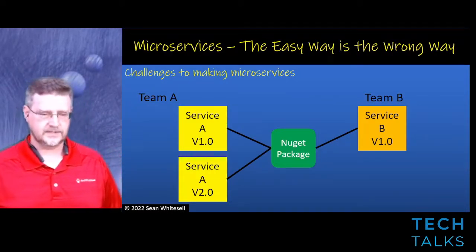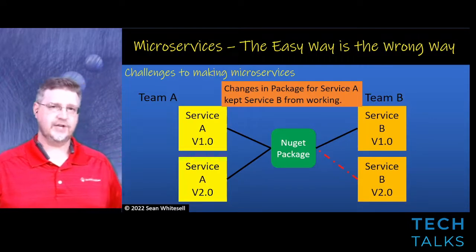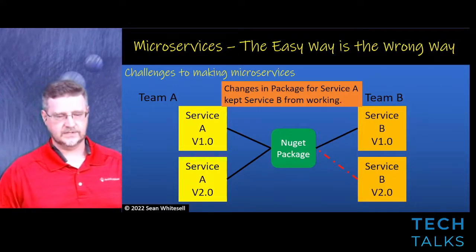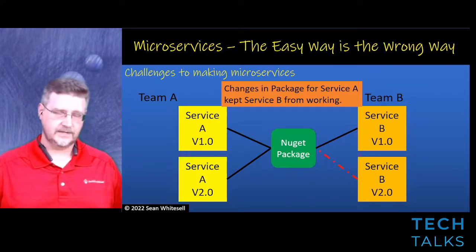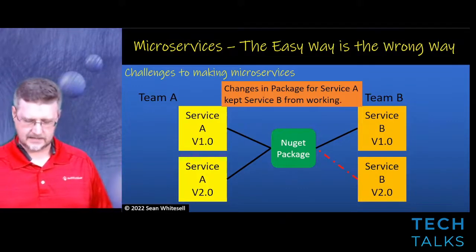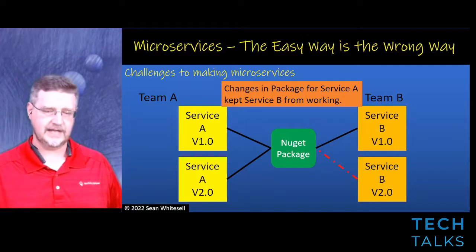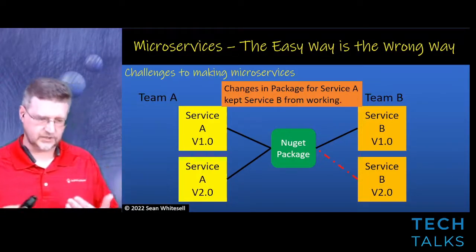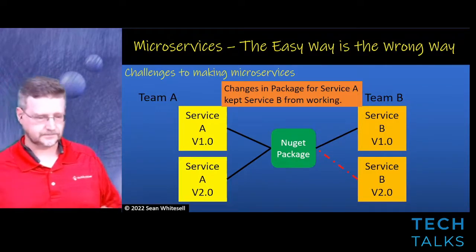But the problem is if there's a time when that change breaks something for the other team's service, and now that's inhibiting them from making their next version and getting that out. So now they're having problems and have to adjust for their issues.